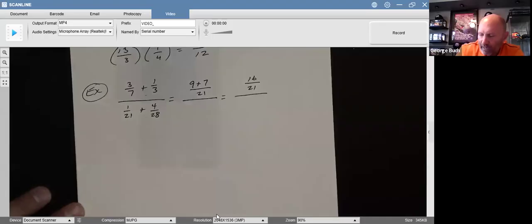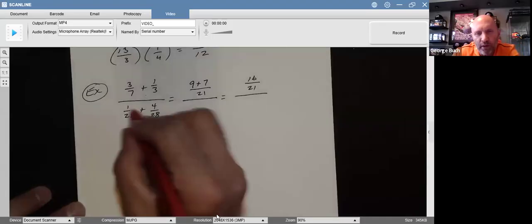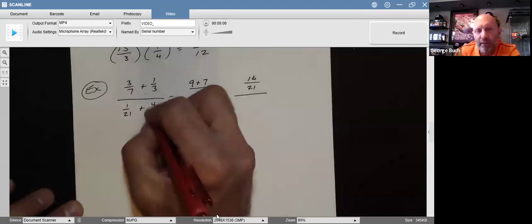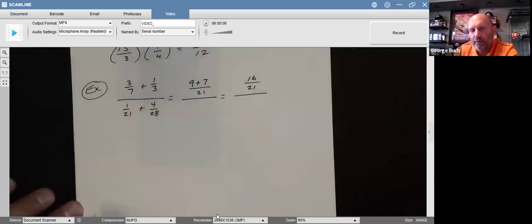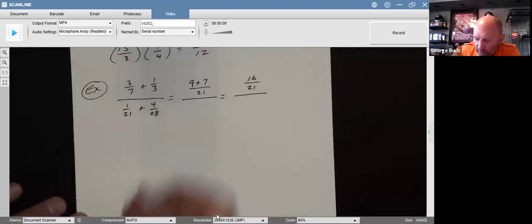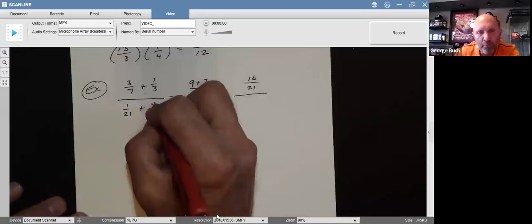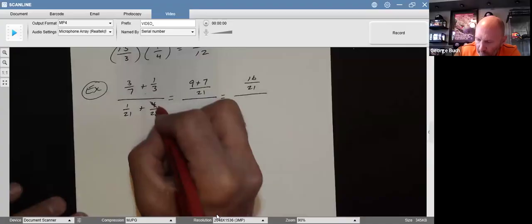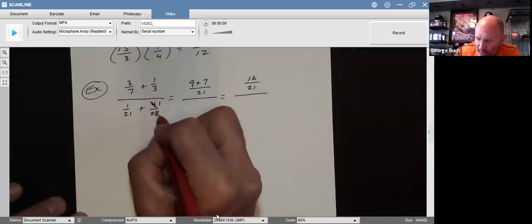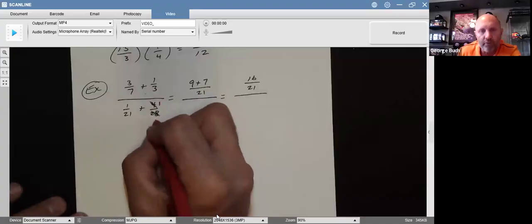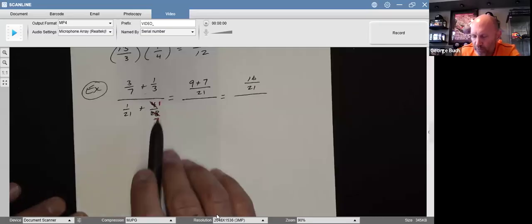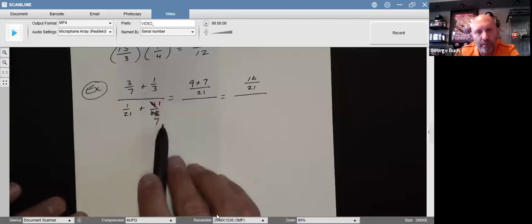Now, I could do the cross multiplication method right away, but this 4 over 28, I can make my life easier, right? If I can simplify these fractions, then I'm not dealing with such big numbers. So I can actually divide the top and bottom both by 4. So 4 divided by 4 is 1. 28 divided by 4 is 7. So 4 over 28, I can really reduce to 1 over 7.